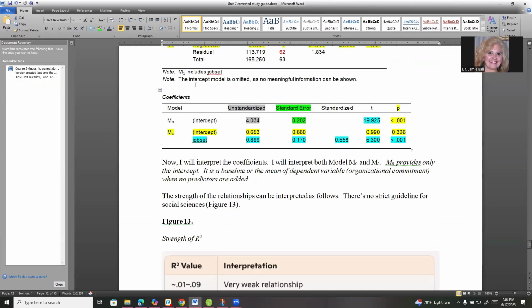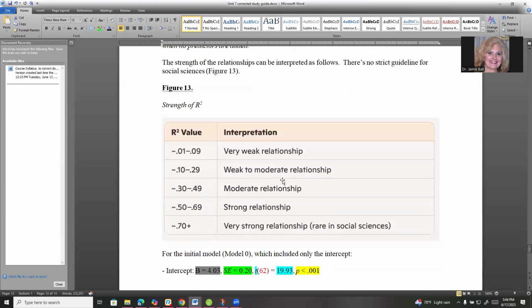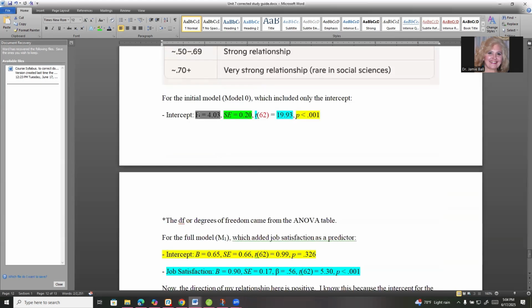Now I'm going to get the rest of it from my coefficients table. Okay, so I'll interpret both the model M0, which only provides the intercept. It's the baseline without adding the predictor, so it's just the average of organizational commitment, basically. I show you how to write it right here by color coding it.